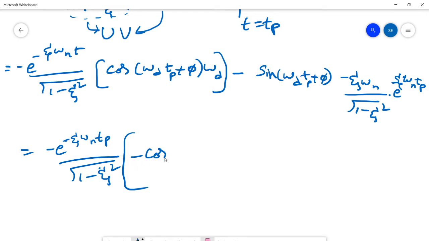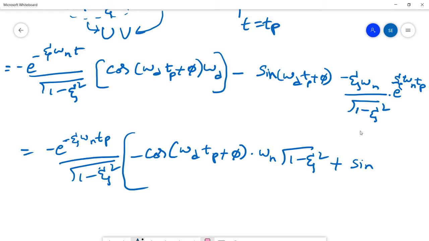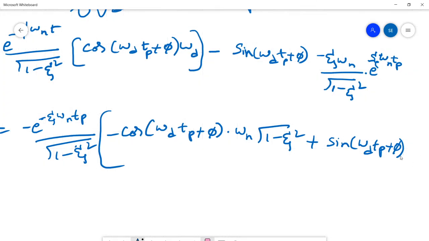So what we get is minus cos omega d tp plus phi into omega n root of 1 minus zeta square, plus sine omega d tp plus phi, phi omega n. This whole thing is equal to 0.